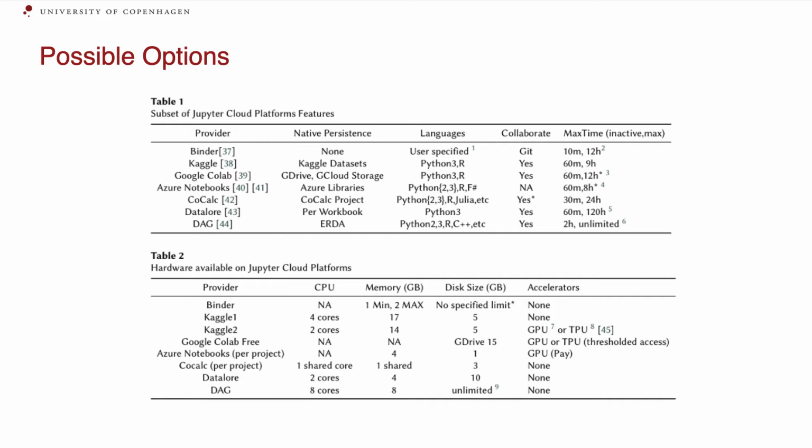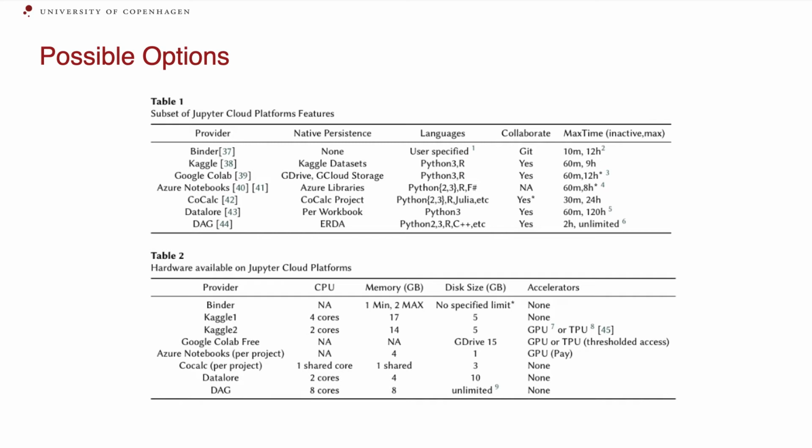But because of their terms of service, we would only gain access to them for a limited amount of time and with a limited amount of inactivity before a particular session would get killed. And the most generous one we could find is the Google Colab one that would give you 12 hours of session time before it would get terminated. But that even degrades over time the more you use it, as long as you're using the free option.